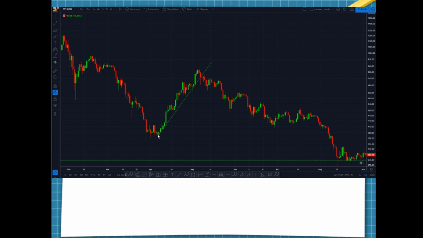If I saw a bear rally, which means the main trend is a bear trend, and I got this, that's an amazing opportunity to enter a big short position right there, because that was an uptrend, which was a bear rally.